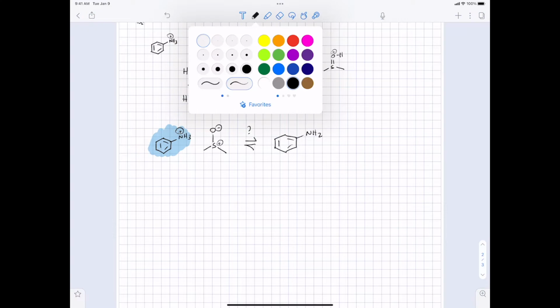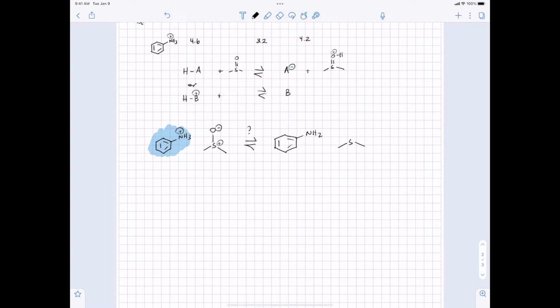But where is that proton going? Well, it's being picked up by the solvent. And this is why solvent influences here's the acids on either side of the equation. And the equilibrium constant you measure here is going to be affected by not only the acid losing its proton to give this species, but also DMSO gaining that proton. And that's why the pKa's are different in different solvents.